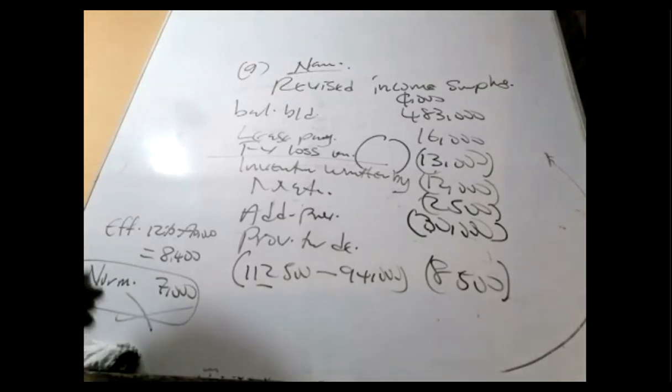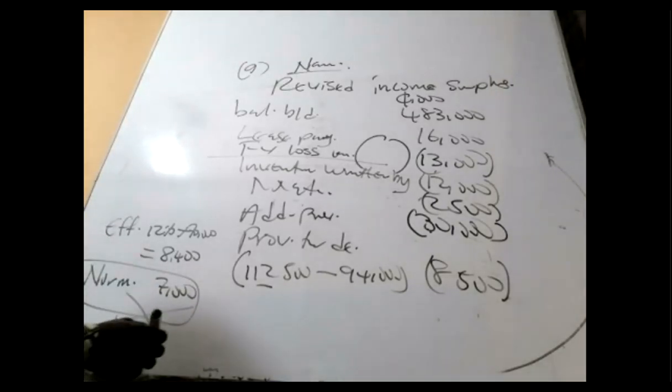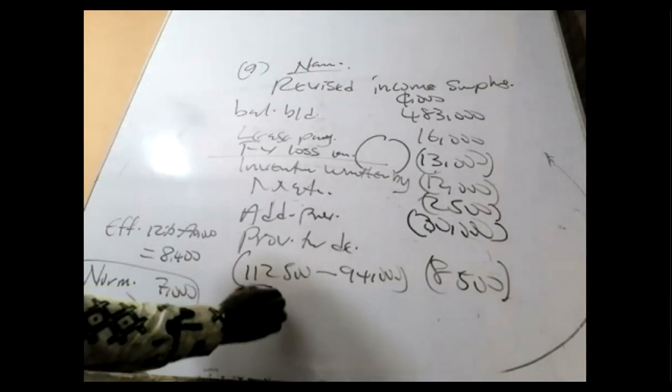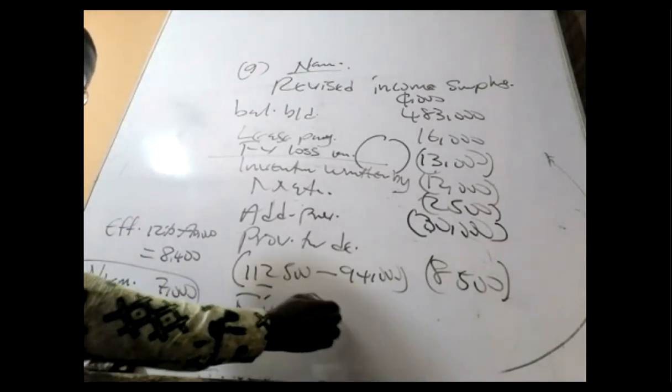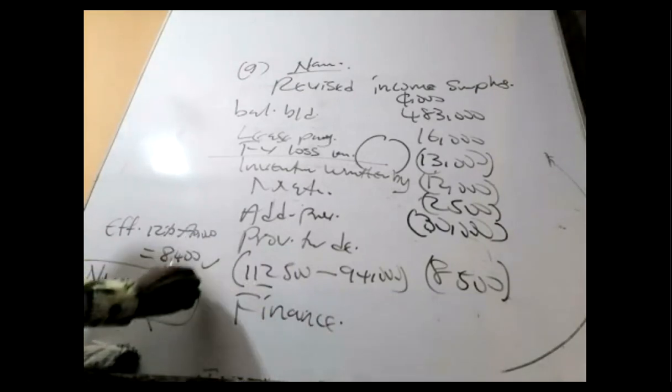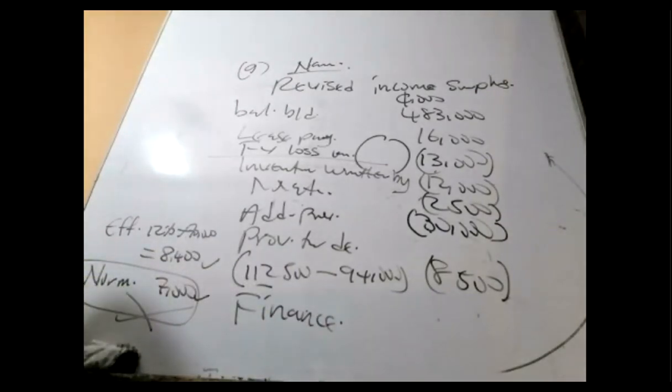So that means we have to charge the extra. This finance cost is the difference between the effective and the nominal.